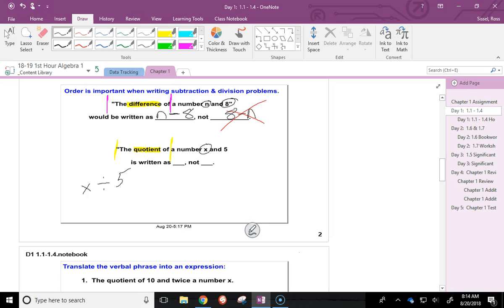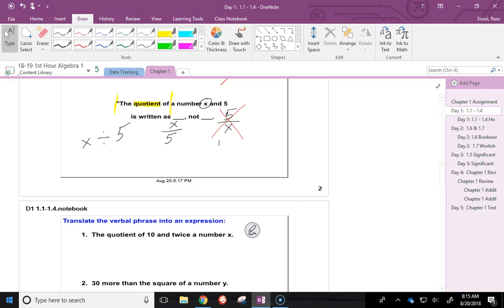Or like we've been doing, we'll write it as a fraction, x over 5, not as 5 over x. Oops, I thought I put n. That would be incorrect. Okay, I know I'm going kind of quick over this, but it's just to get your review. I feel like everyone kind of knows this.